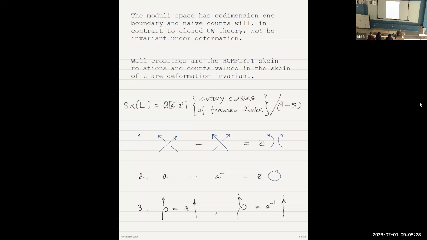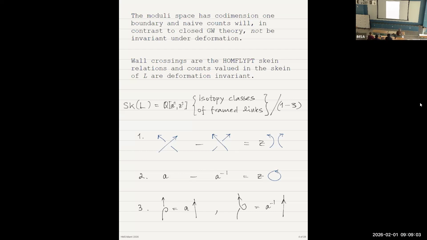And the third relation is telling you what happens when you change the framing. So what you should imagine here is that the picture is drawn again in a ball, and you take the blackboard framing. So you can undo a twist by multiplying by A, or if the twist happens to be negative, you get A inverse. And now you can ask, okay, so you associate this crazy module to any three-manifold, and you get something. The question is, what is it?